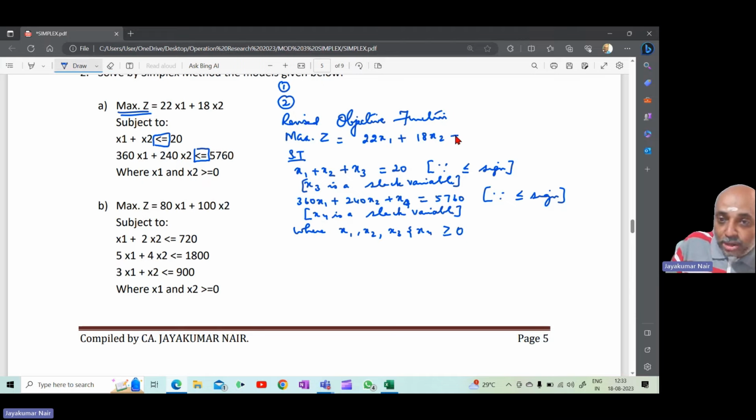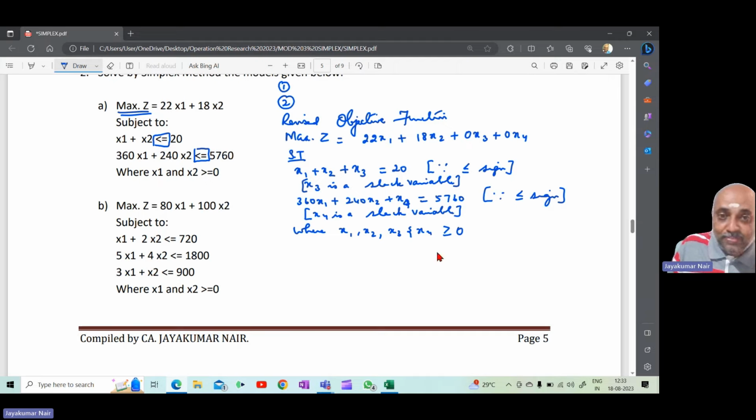Now you have to modify the objective function because you have introduced two slack variables, and slack variables will generate zero profits. They will not earn any profits. They are unused resources. Therefore, 0x3 plus 0x4. So always remember, whenever you introduce a slack variable in the constraints, in the objective function, the coefficient of slack variables will be 0.